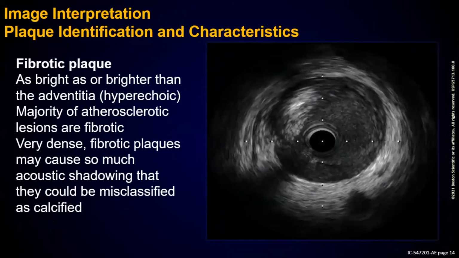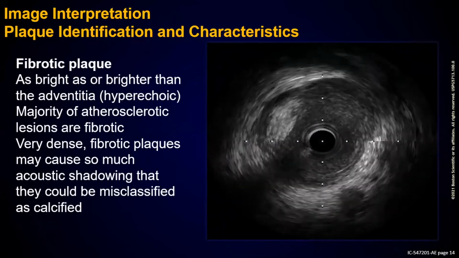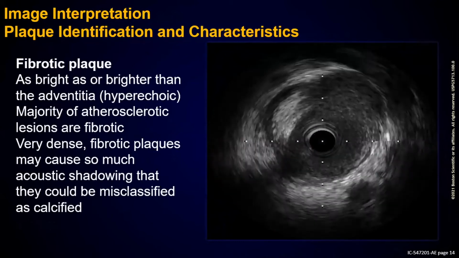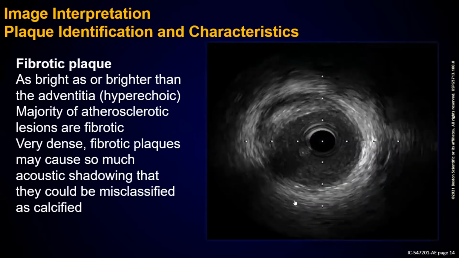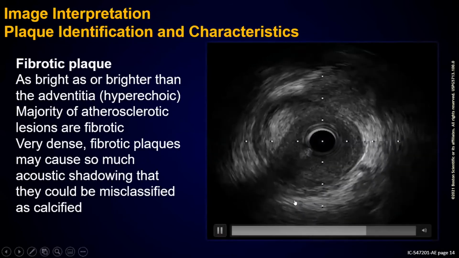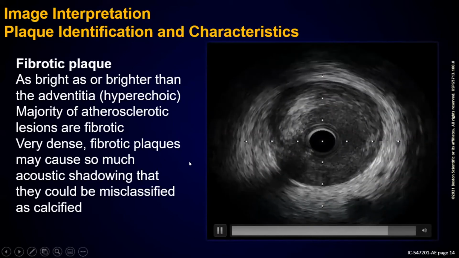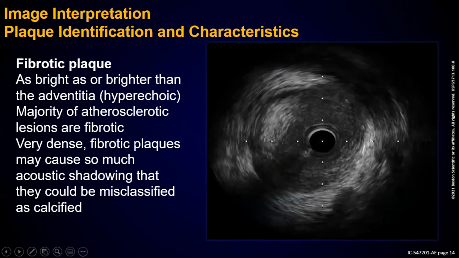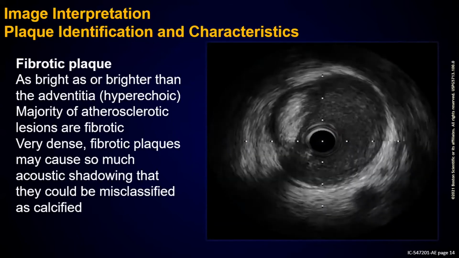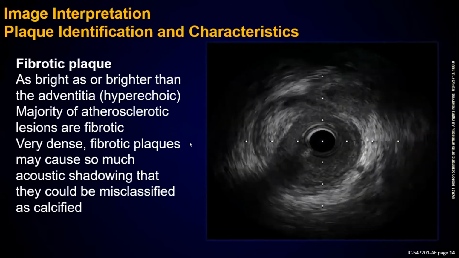That is a good way of picking up when you say a plaque is fibrotic. It usually is quite bright, and you can actually compare it with the adventitia, and then you can confidently call it a fibrous plaque. And the majority of the atherosclerotic lesions are fibrotic. They're very dense. Fibrotic plaques may cause so much acoustic shadowing that they could sometimes be misclassified as calcified lesions.